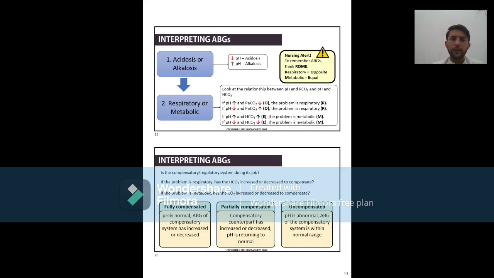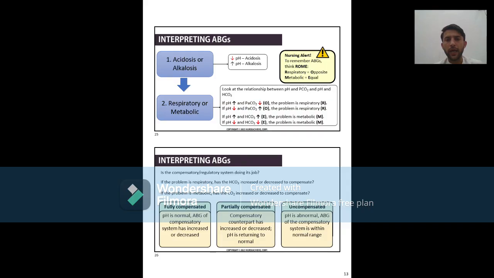What do we mean by fully compensated? For example, a patient has some issue with respiratory, the patient is in respiratory acidosis. As we talked about earlier, in respiratory acidosis it will go opposite: the pH goes down and the PaCO2 goes up. But if we check for compensation, we go to another parameter, which is bicarb.